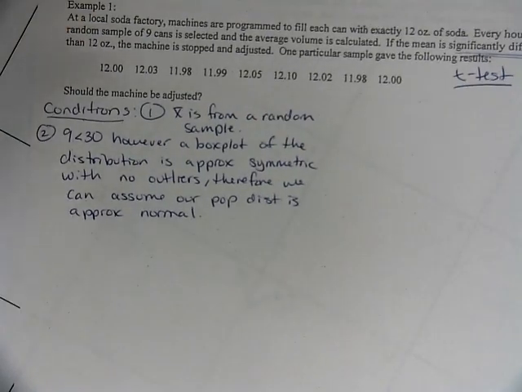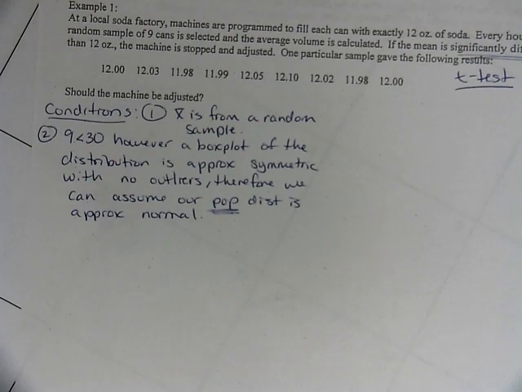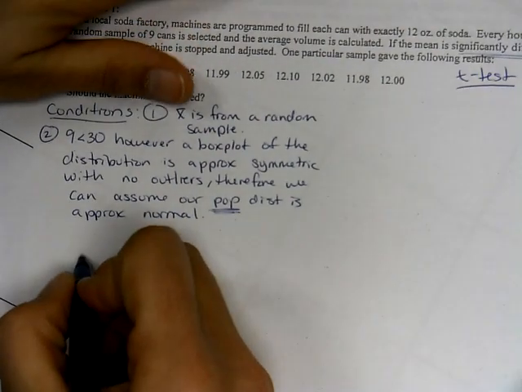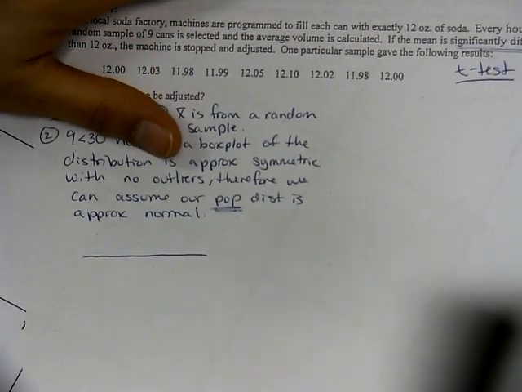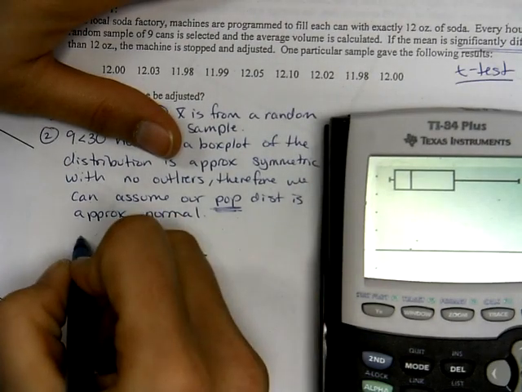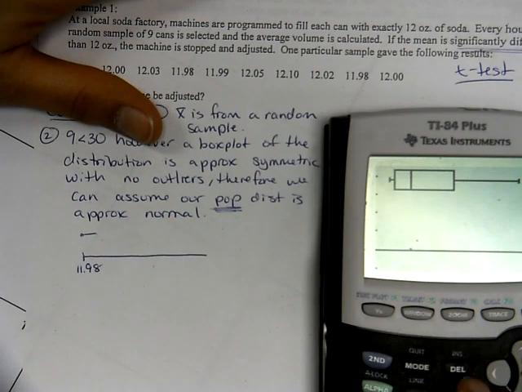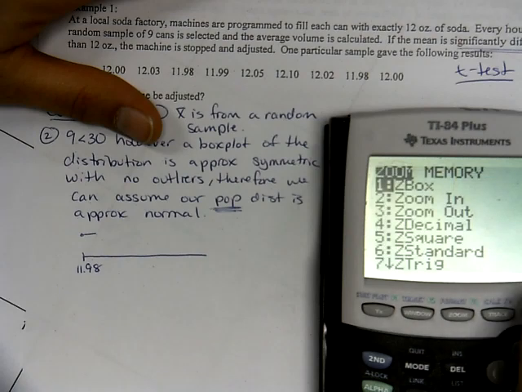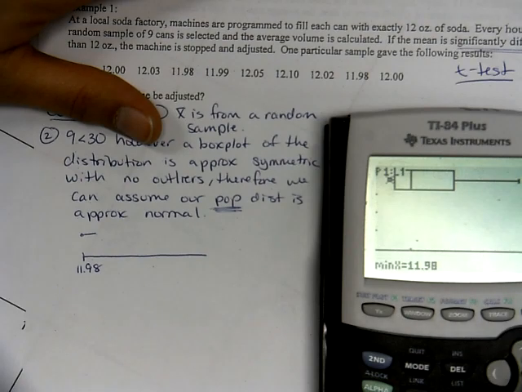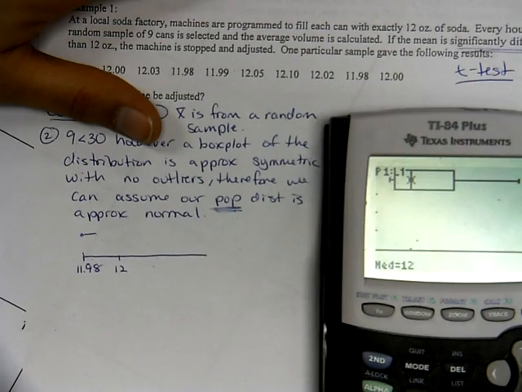And then you've got to draw me a sketch. Notice I put population here. Remember, whenever you're doing central limit theorem, you use sampling. When you're doing a box plot, you want population. And then you just draw yourself a little sketch. This one's really not good. You can hit the trace button to help you see where everything is.